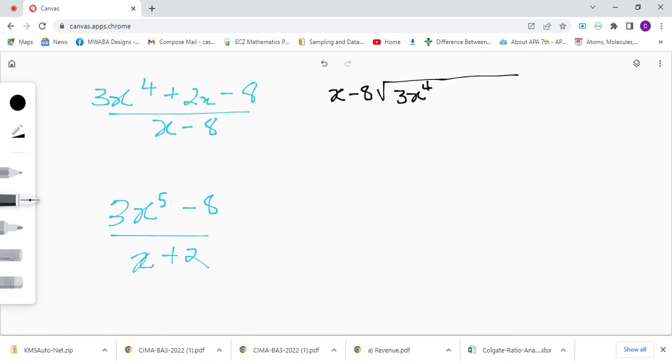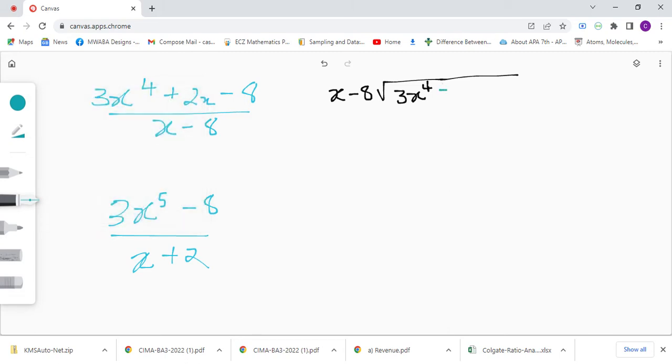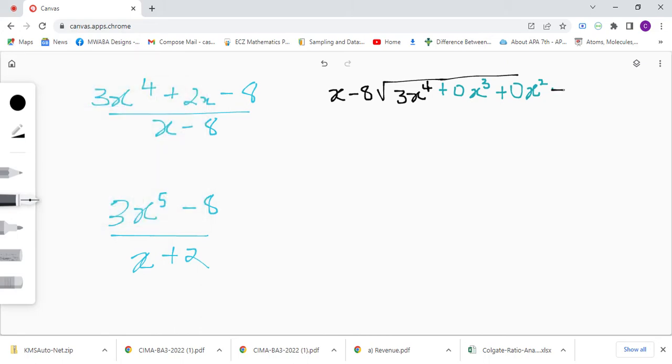We do not have x to the power 3, so we add it in here, plus 0x cubed, and we don't have an x squared, so plus 0x squared, and we say plus 2x minus 8.